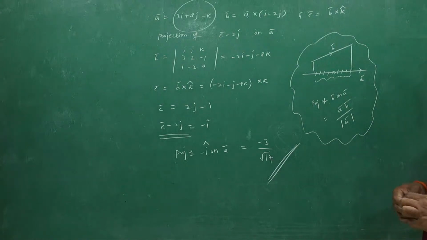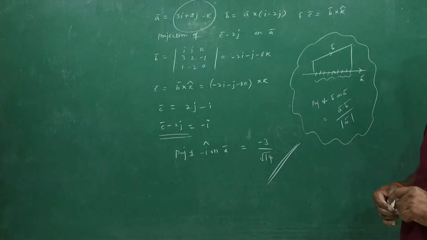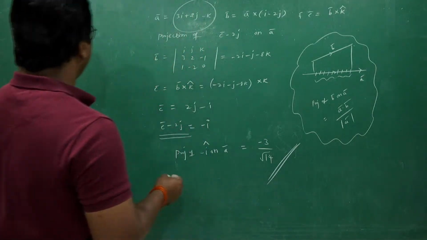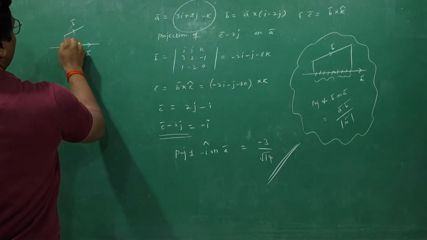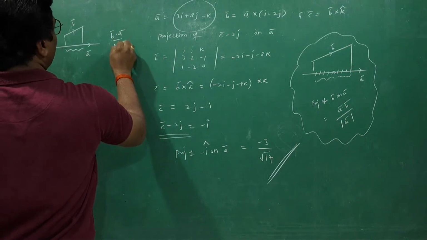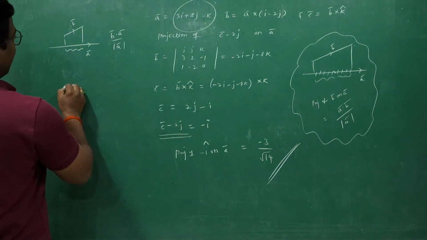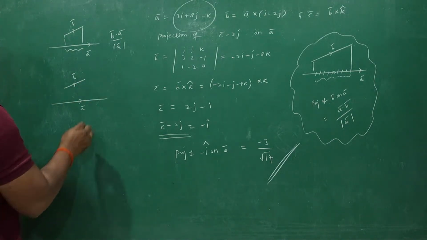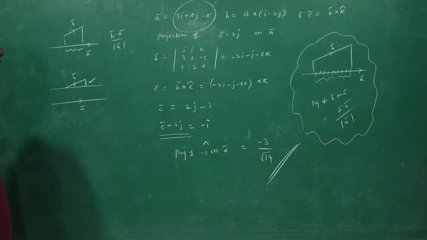This is about projection of A bar on B bar, projection of B bar on A bar. Maybe in the next session you will get projection of B bar perpendicular to A bar. You know that if this is B bar and this is A bar, the projection of B on A is written as B dot A by modulus A. For the perpendicular projection, this one you need to find.